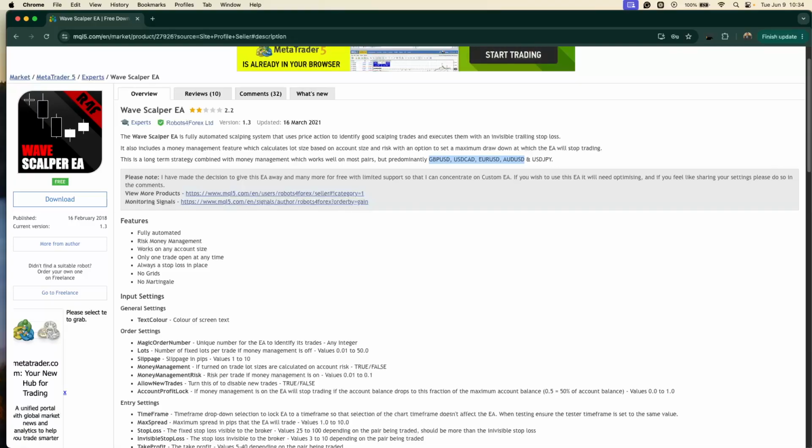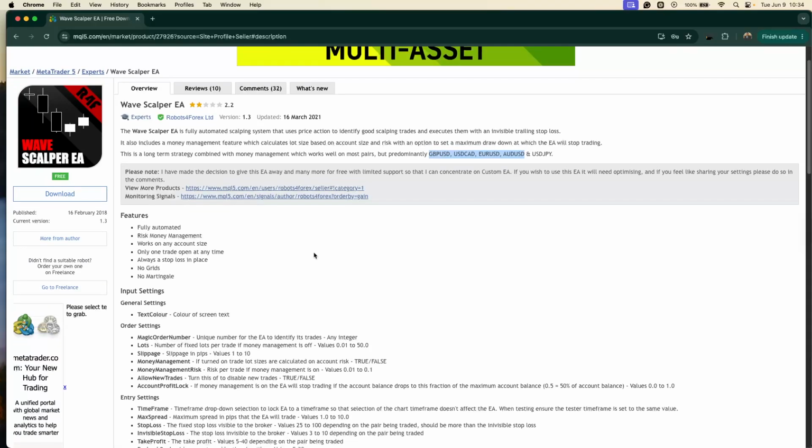The core is identifying these waves with bar look back logic, then entering the trade with fixed or risk based lots. It always uses a stop loss, one visible to the broker and an invisible one, tighter, for protection. It exits via take profit or an invisible trailing stop that kicks in after a certain profit level and trails by percentage.